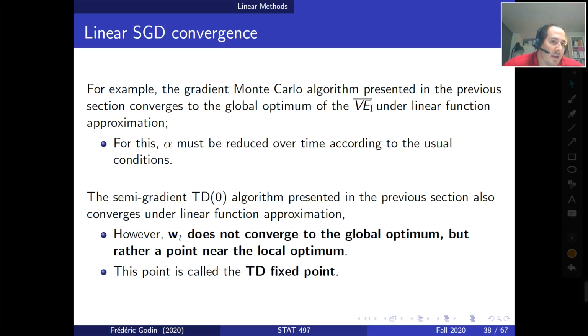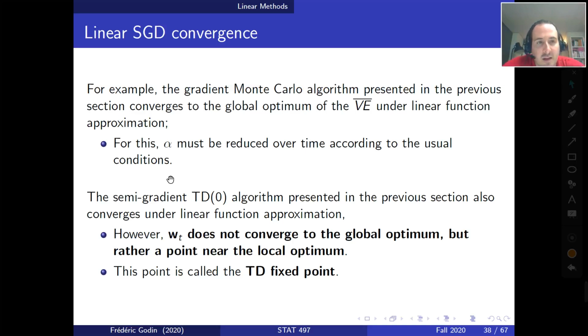It tells us that under some technical conditions, and I've put this bullet point here, technical conditions involve that, again, the learning rate should be reduced through time at a suitable pace according to the usual conditions. These are the same ones that we've discussed earlier: the sum of learning rates must diverge, but the sum of their squares must converge.